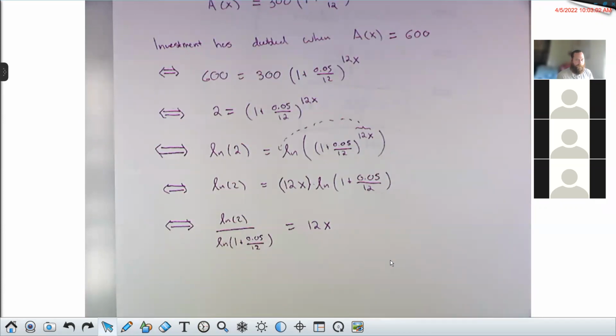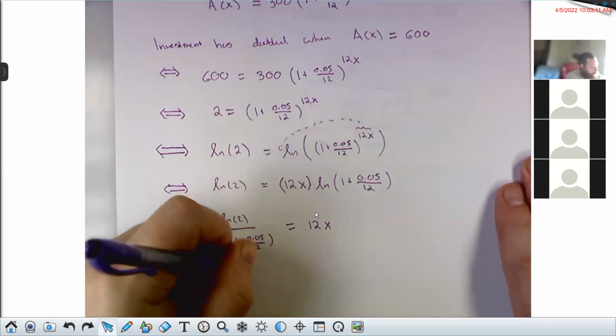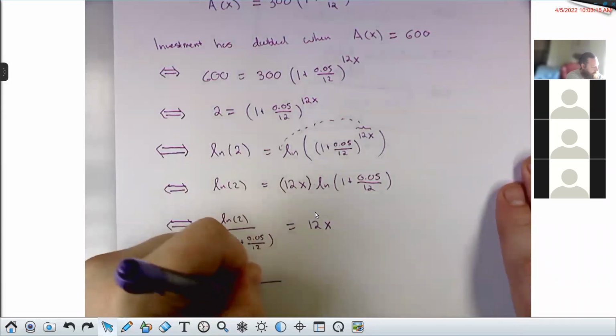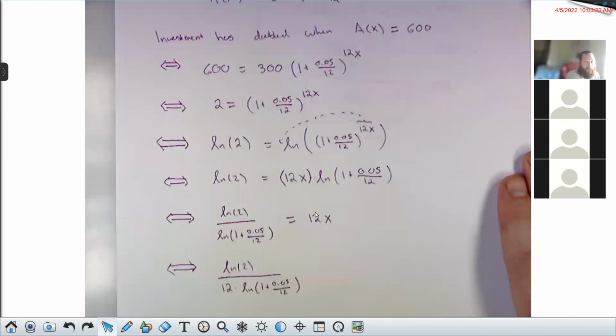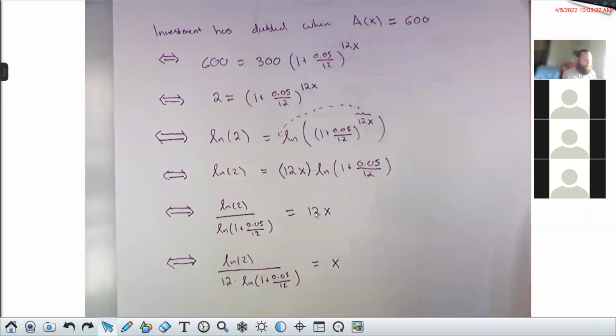And then finally, to get x alone, I also need to divide by the 12. So give me the natural log of 2 divided by 12 times the ln of 1 plus 0.05 over 12. So this is our exact answer in terms of logarithms.